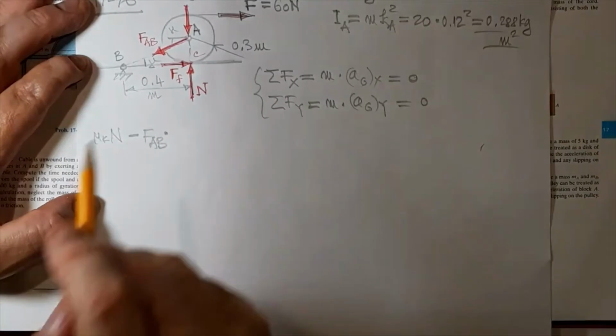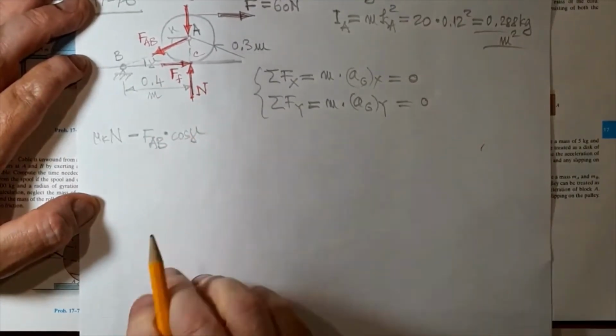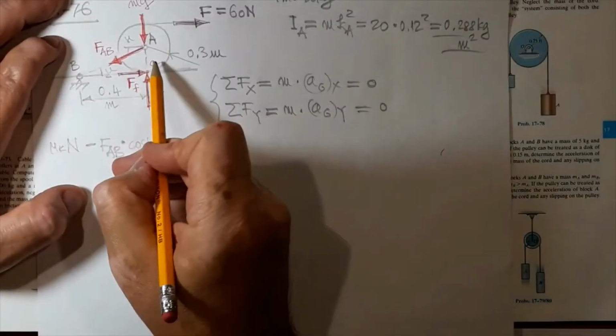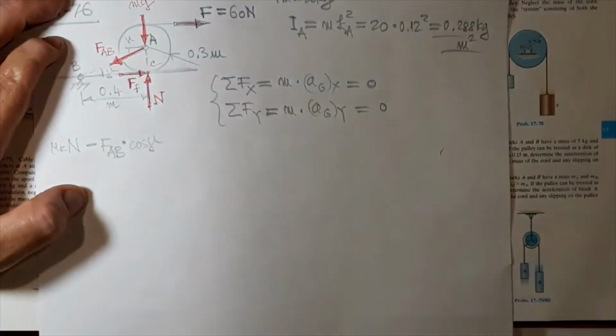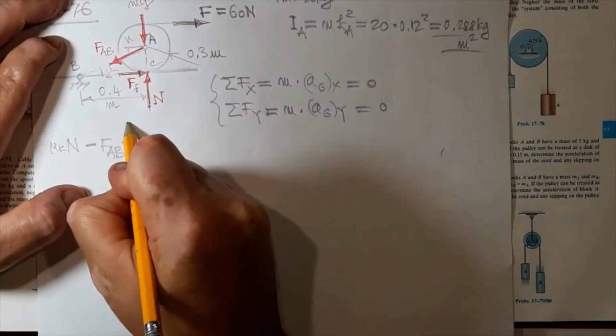So FAB cosine gamma, and cosine gamma is going to be, with 0.3, 0.4, and 0.5, 0.4 over 0.5, 4 over 5.